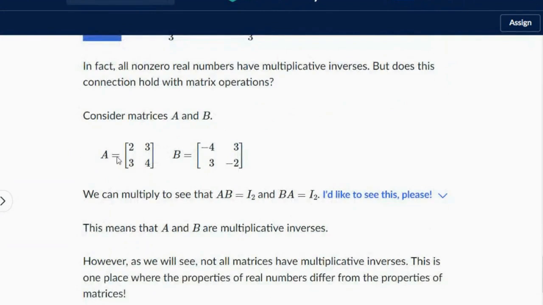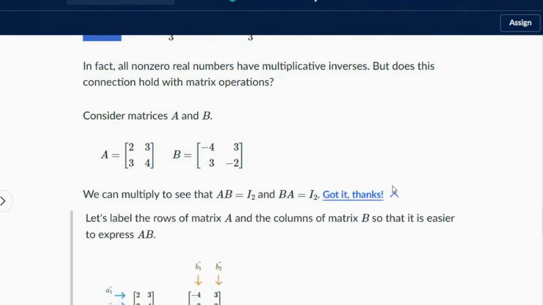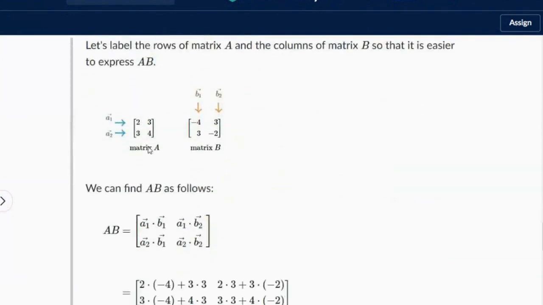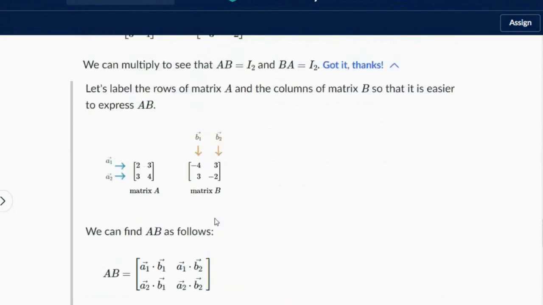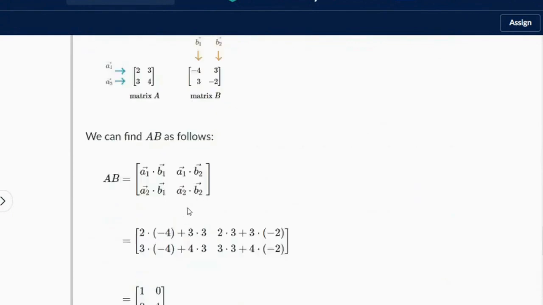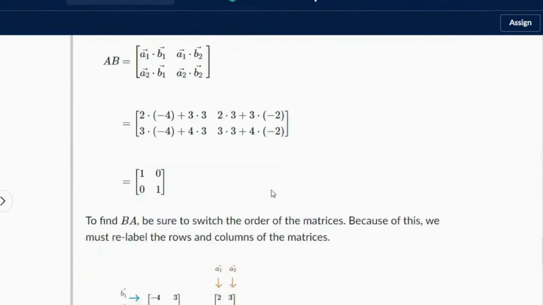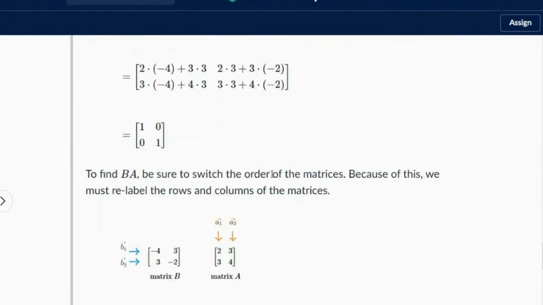You can multiply this A times this B and get the identity matrix. If we click on this, it'll show us the math. If you multiply 2 times -4 plus 3 times 3, it all comes down to 1, 0, 0, 1. It ends up the identity matrix. So you can have two matrices that multiply together to get you the identity matrix. They're called multiplicative inverses.